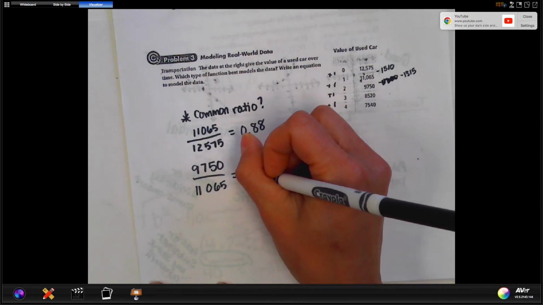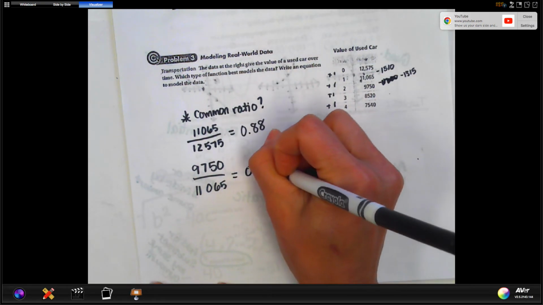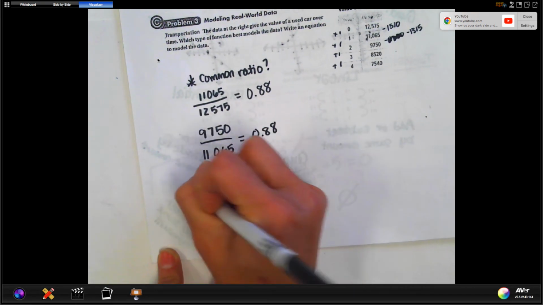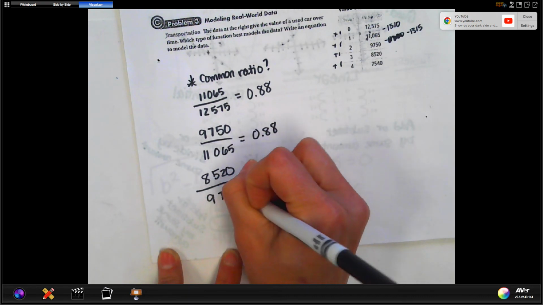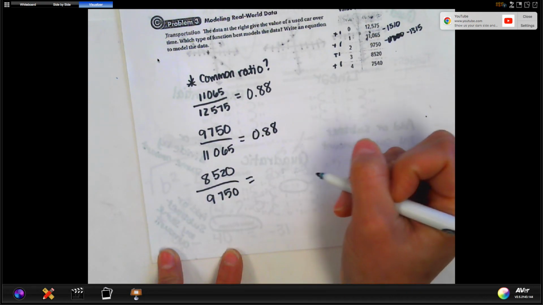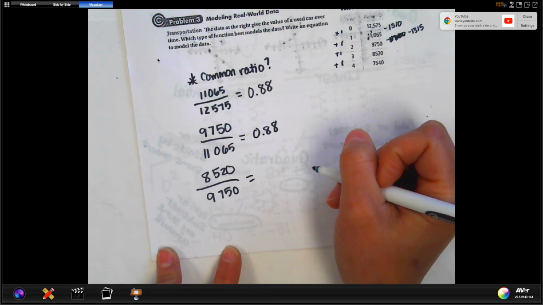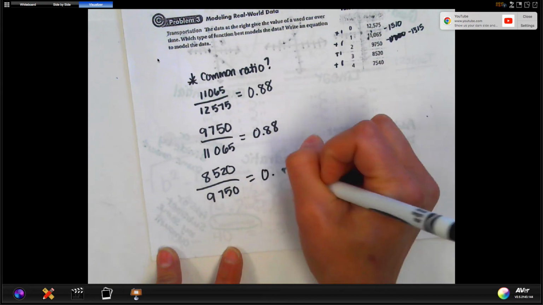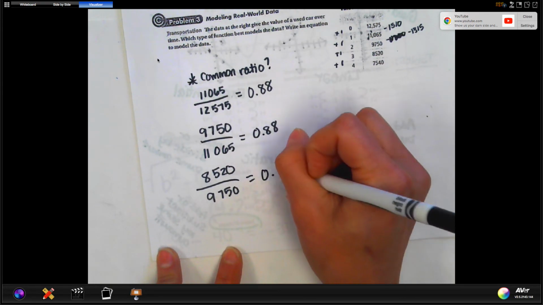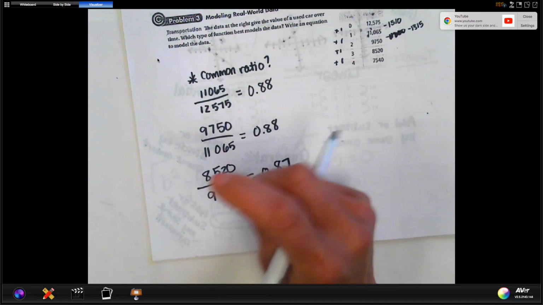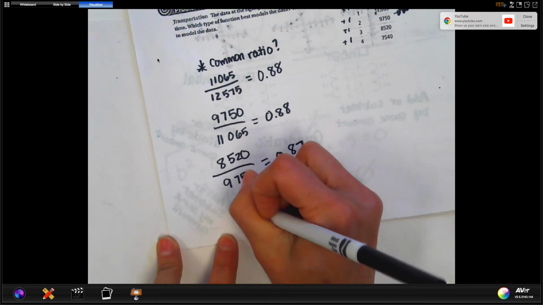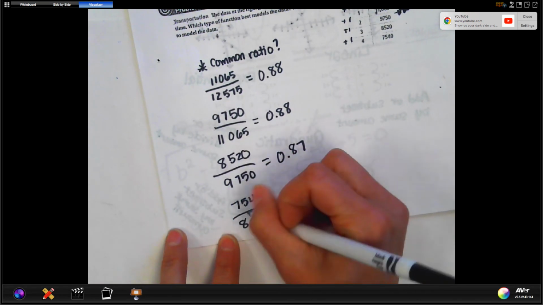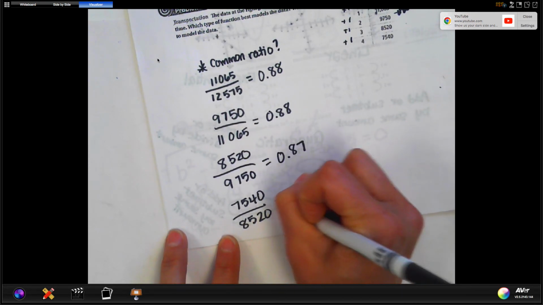Then we do the next one: 8,520 divided by 9,750, rounded. Every time we're rounding. And then last but not least, 7,540 divided by 8,520. Round it.